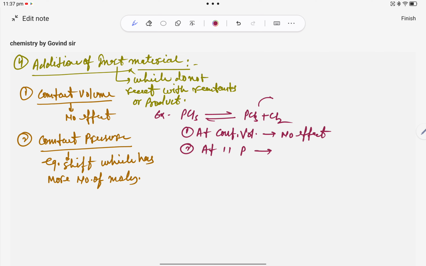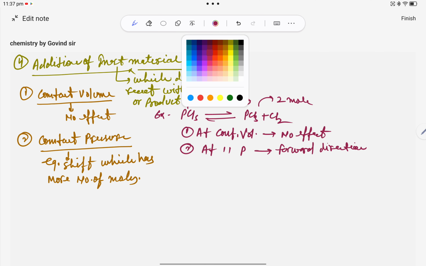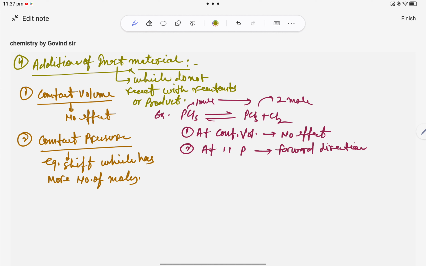So on this side 2 moles are there and here only 1 mole, so the equilibrium shifts toward the side with more moles, the forward direction. Next example, N2 plus 3H2.